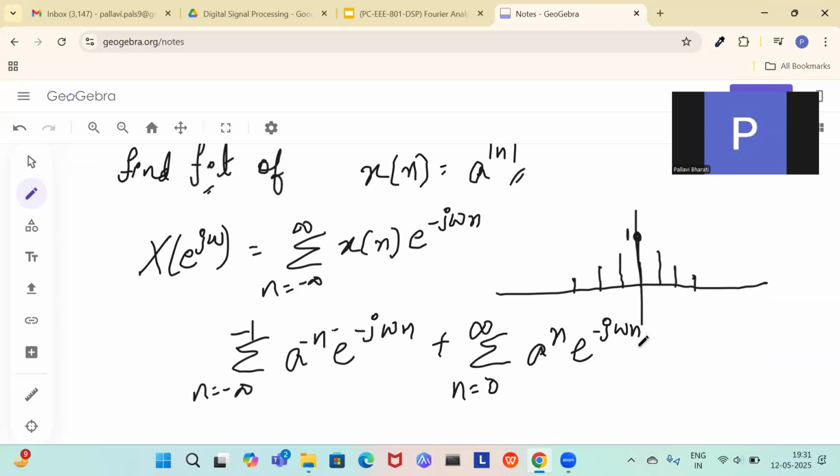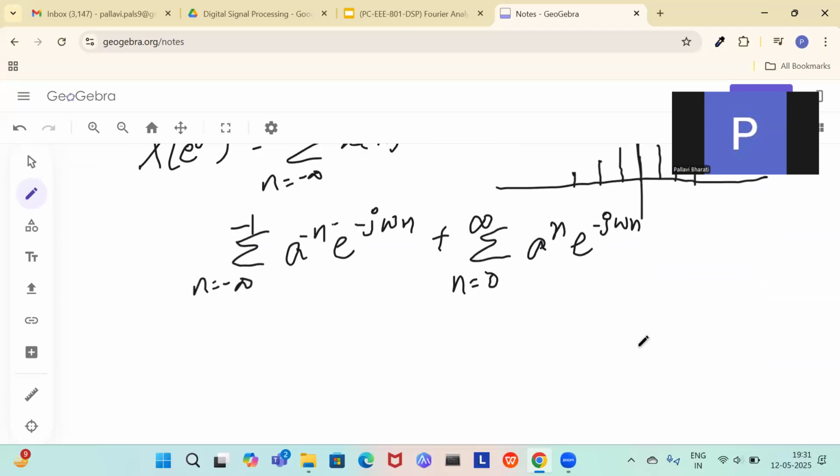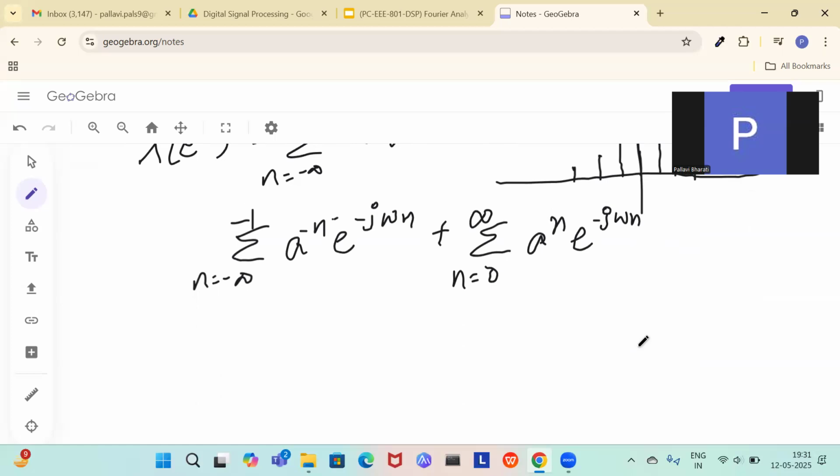Now these are infinite geometric series only, but you need to find out the values with certain caution. Now if you change this, just as we used to do in Z transform, it is going to become n from 1 to infinity, and the sign is going to change. Both this minus n and this minus will become positive, e^(jωn).